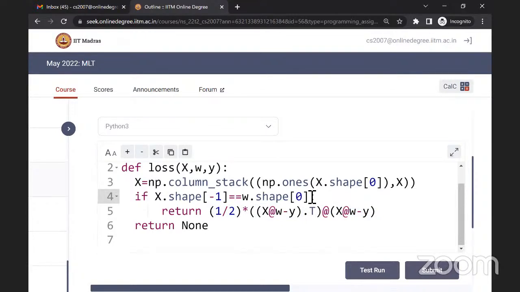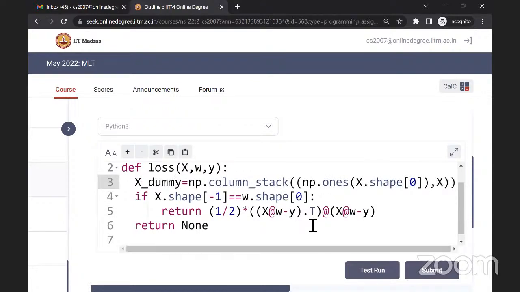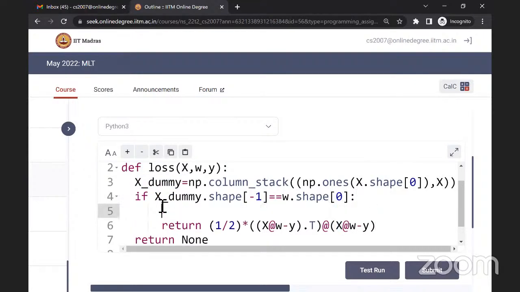So I'm going to write this. This is absolutely correct. I'm going to write it in a different manner so that the names of the variables are a bit better.